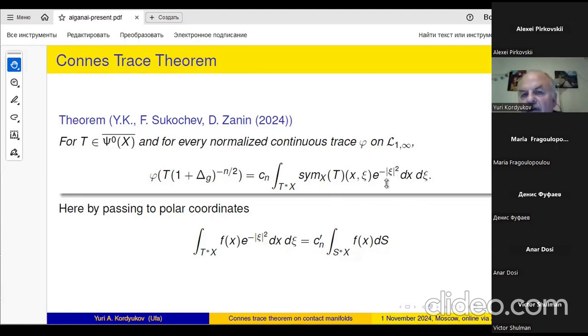If we pass to polar coordinates and integrate with respect to the radius, we get just the integral of a Gaussian, nothing more. But it will be very useful for us further when I talk about contact manifolds.